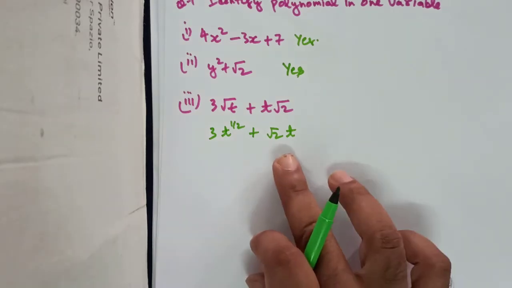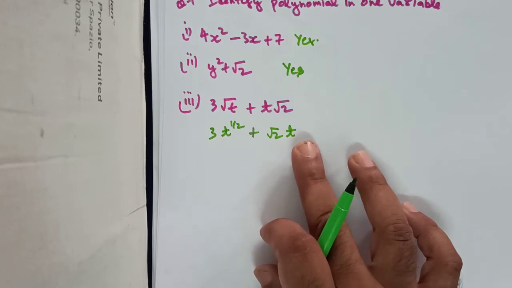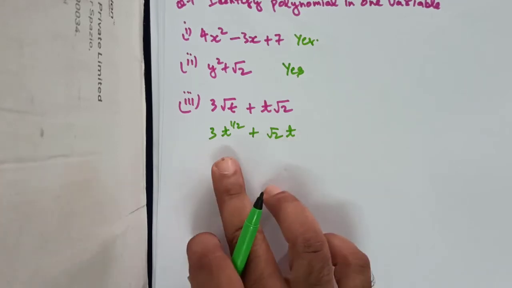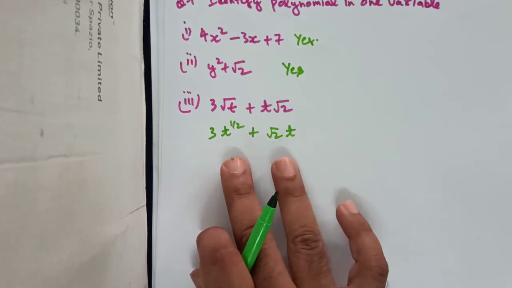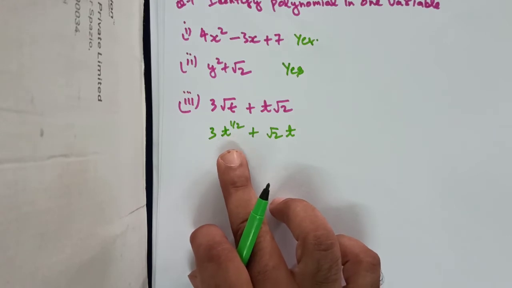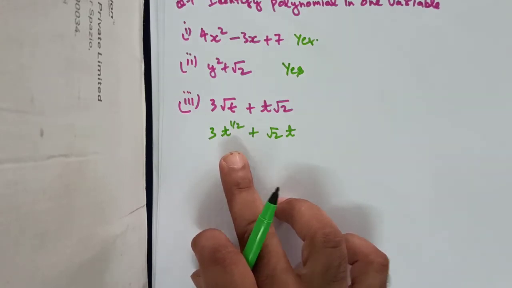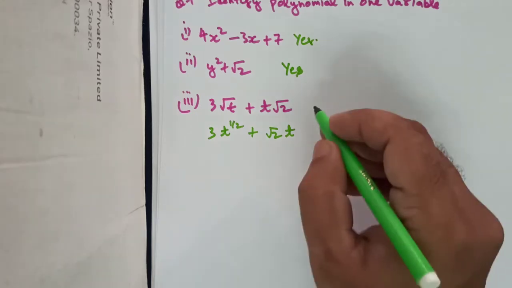So in the second term the variable is t and the power of the variable is 1, which is a whole number. In both terms the variable is t, but the power of the variable in the first term is 1 by 2. Since this power is not a whole number, we say that 3 root t plus t root 2 is not a polynomial.